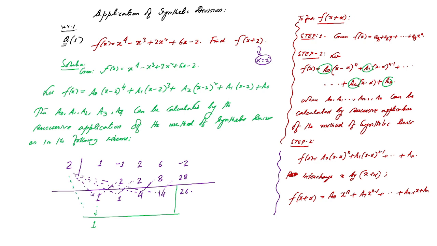So now 2 into 1, this is 2. 2 plus 1, 3. This is just mechanical. So 2 into 3, this is 6. 6 plus 4, 10. The same way we will apply. 2 into 6, 2 into 10, so this is 20. So 20 plus 14, 34. Again skip 34.